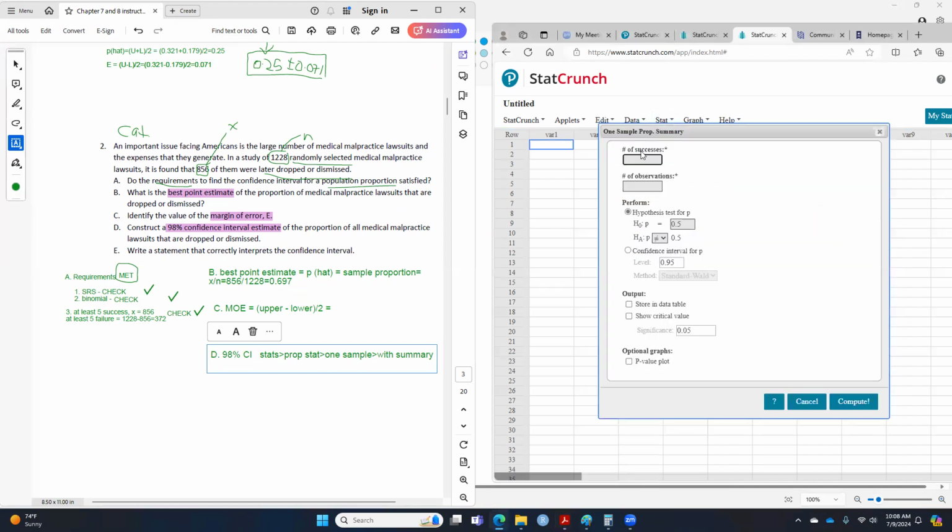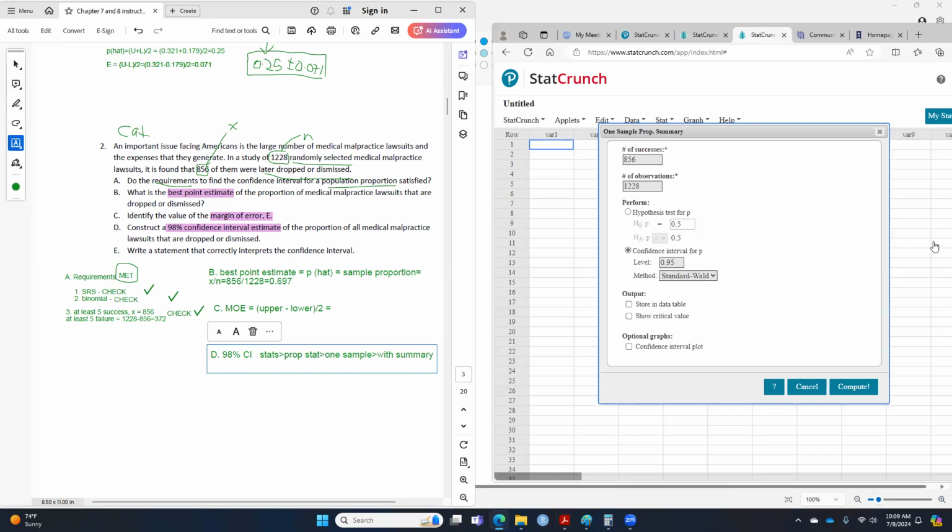They will ask you for 2 numbers, X and N. The number of successes, X, in the question is 856. The number of observations is 1228.